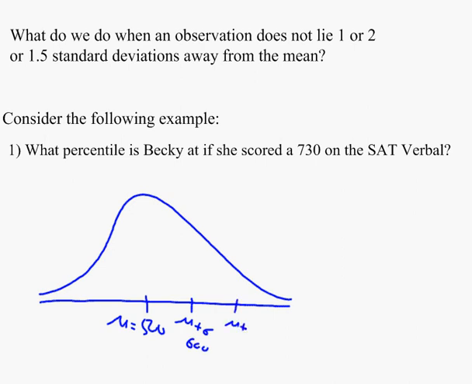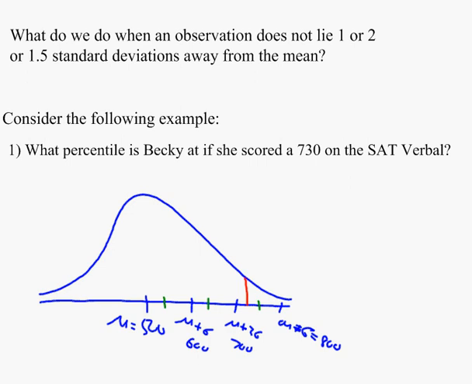Mu plus 2 standard deviations is 700. And mu plus 3 standard deviations is 800. Well, we know the half standard deviation marks occur at 550, 650, and 750. But 730 doesn't land on 750 or 700. So we're going to have to change what we're doing.